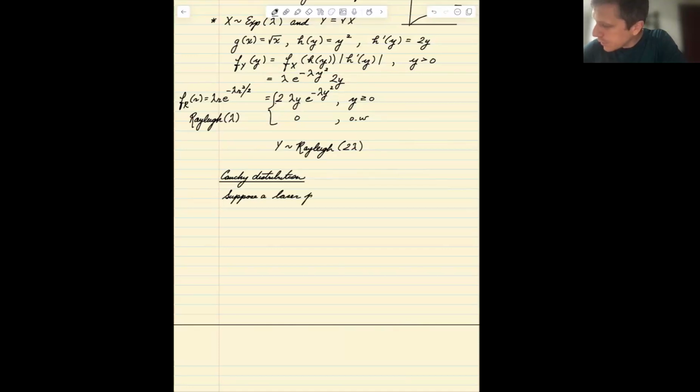Suppose we have a laser pointer. The laser pointer is 1 unit of length away from a wall. So we have kind of an infinite length wall, and there's a laser pointer, let's say right here. Say that the laser is 1 unit away from the wall. It's mounted on a rotating disc.